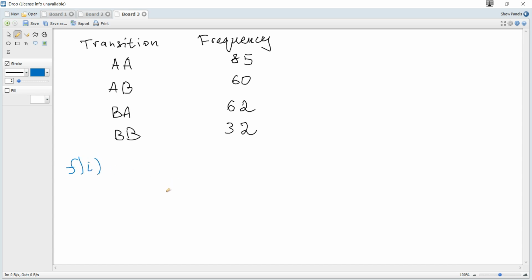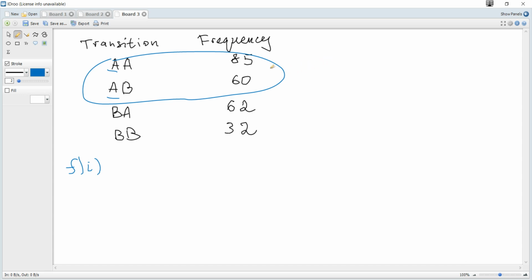Given that Argentina won the previous match, so initial state is A, show that Helen's estimate for the probability of Argentina winning the next match is 17/29. So we can see there that the initial state is A, and there are two possible outcomes, to win and to lose.